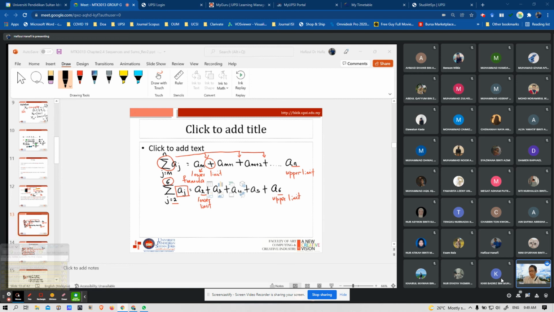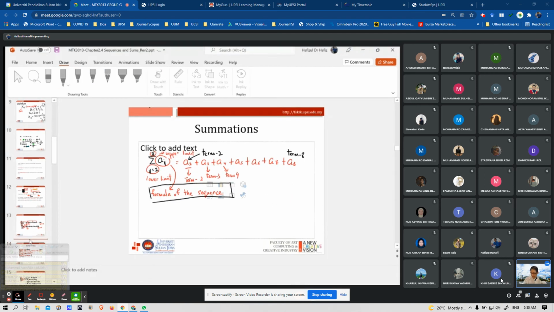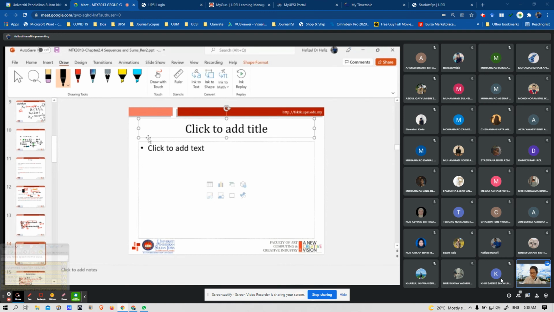Okay, the idea of sigma notation. Another example I give to you, a simple example.